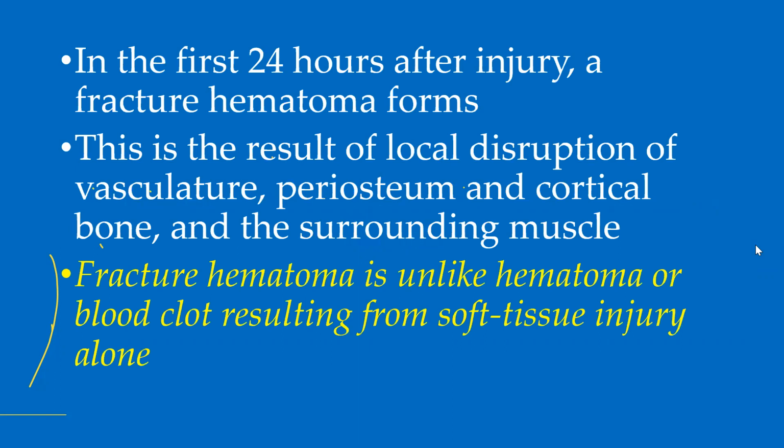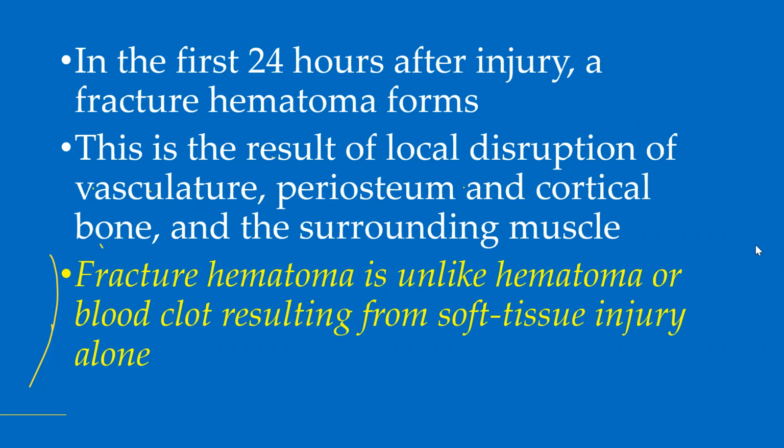So, endochondral ossification, what I said, repetition. You have fracture hematoma, you have the inflammatory phase in the first 24 hours after injury. This is the result of local disruption of the vasculature, periosteum, cortical bone, and the surrounding muscle.